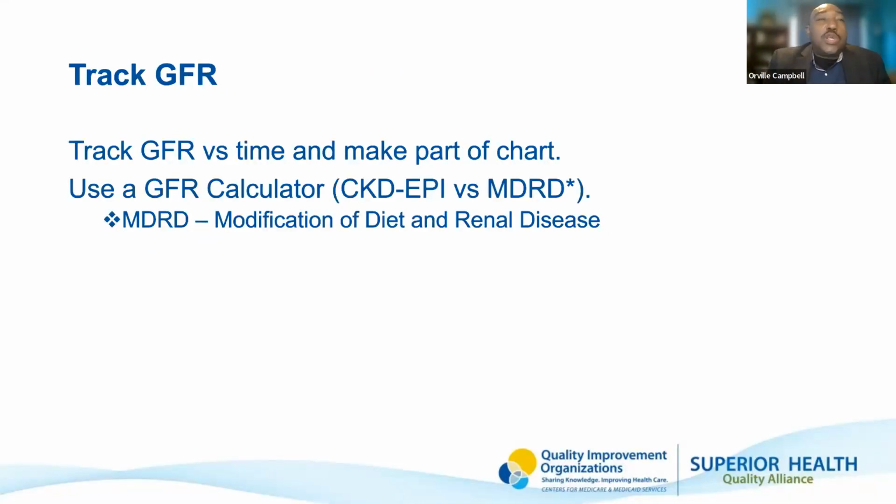So we want to track the eGFR. Why does it matter? Because trending is just as important as any absolute value, all right? So we want to track the GFR versus time. And it's nice to have either a computer-generated chart or a manual graph scribbled on paper and scanned into the chart, because it's hard to see a trend, especially if the eGFR is bouncing.